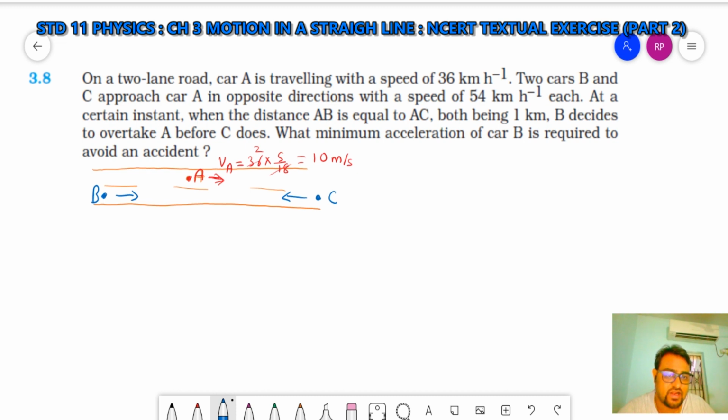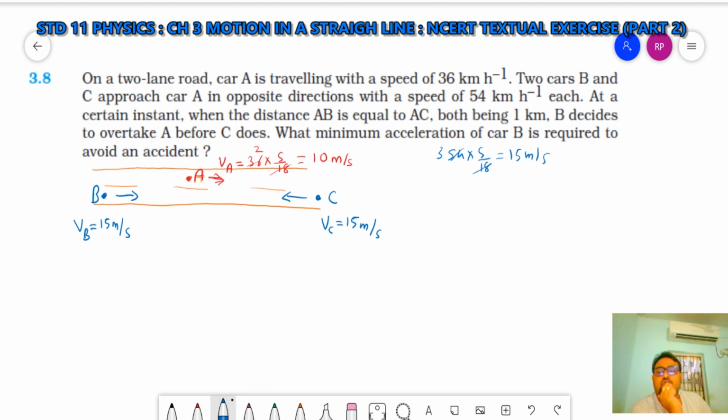So I will write directly the shortcut, 54 into 5 by 18. 18 threes are 54. This will be equal to 15 meter per second. So velocity of B is 15 meter per second, velocity of C is 15 meter per second.